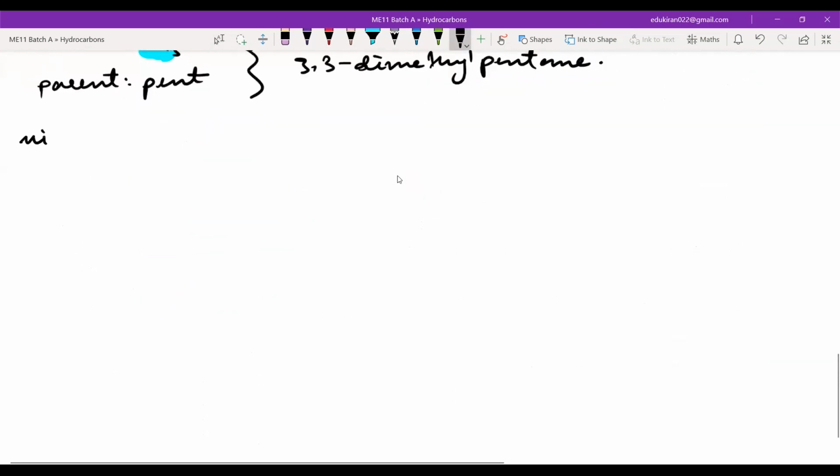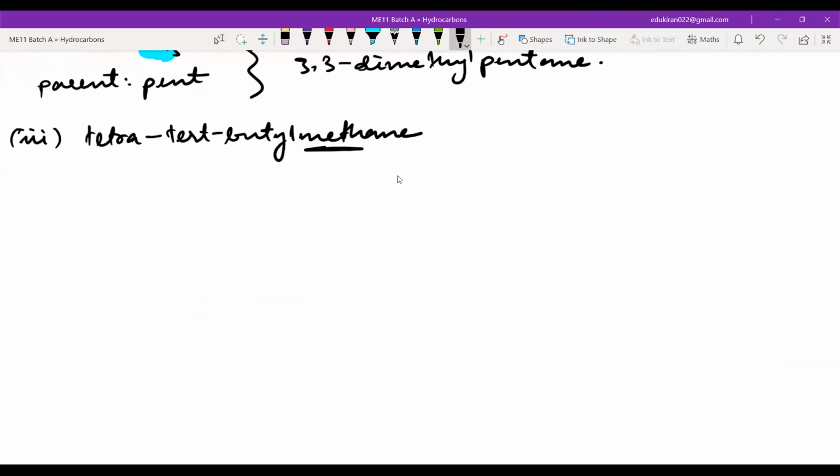Third is tetra tert butyl methane. So we have meth, that means 1 carbon atom, and it has tetra tert butyl. I hope you all remember what tert butyl is. This group, yes or no?